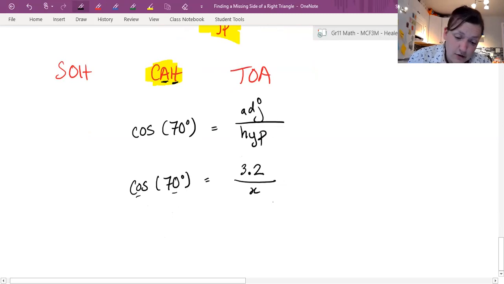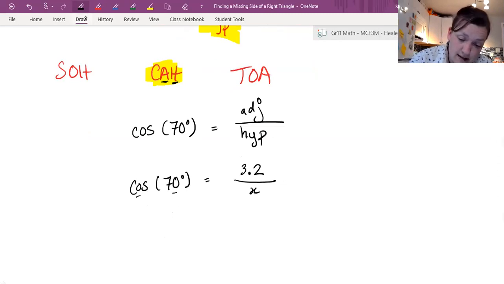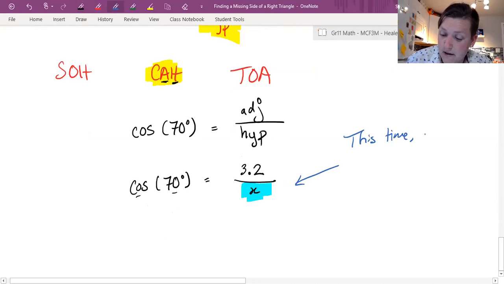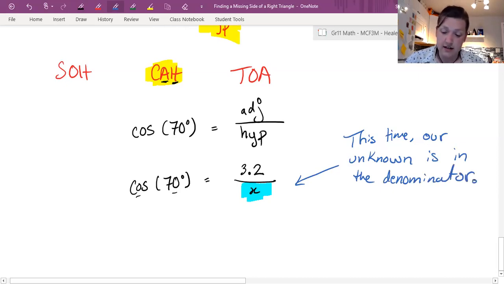So now the only difference here is that this time our unknown is in the denominator. And that means if you are really confident with algebra, maybe you've already solved it.